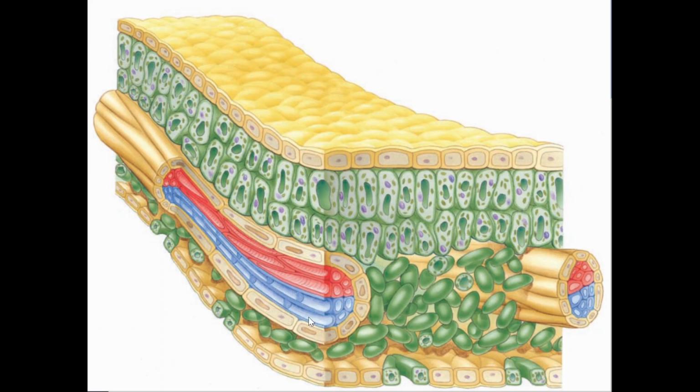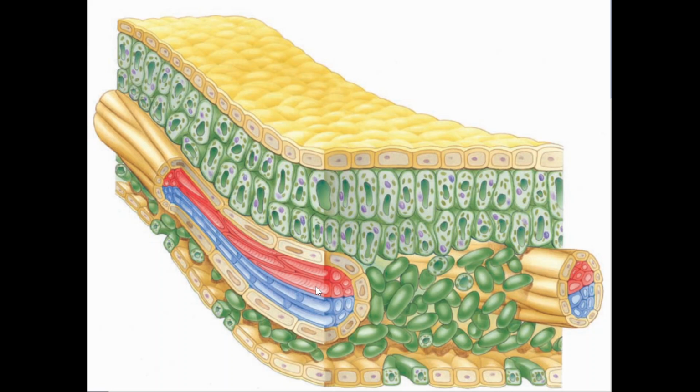Usually xylem is on the upper side and phloem is on the lower side. Non-vascular tissues surround the xylem and phloem, and together they form the bundle sheath extensions.